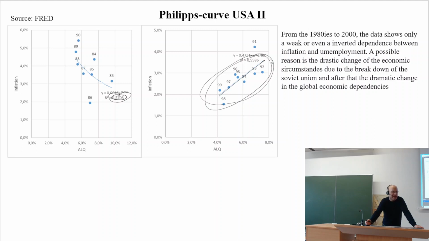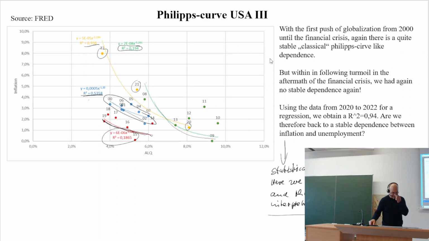Qualitatively, maybe we can explain this by this great disturbance of the breakdown of the Soviet Union, and that global economics drastically changed in this time, and all our framework of our economy worldwide has changed.